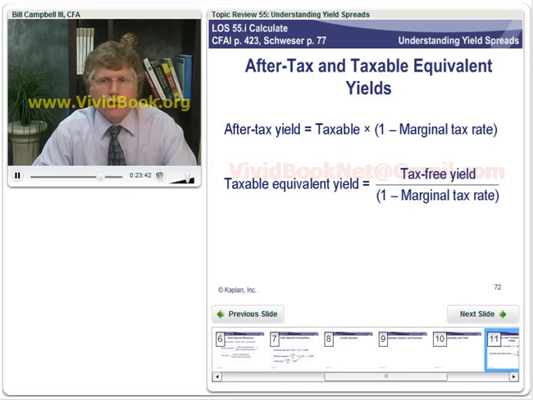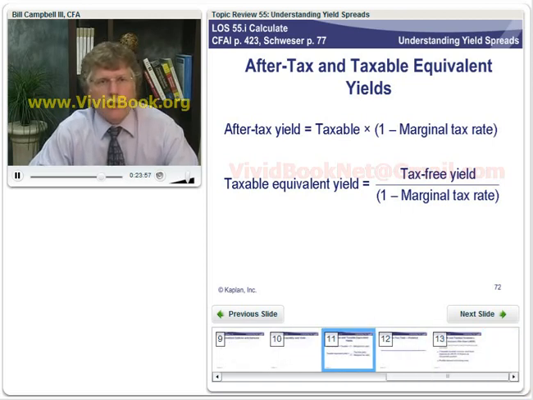How do you determine what would be the equivalent yield on one bond versus the other? The only way to do this is you have to get both of them measured the same way. You have to get both of them measured before tax, or you have to get both of them measured after tax.